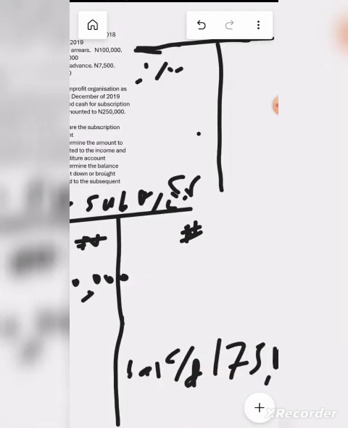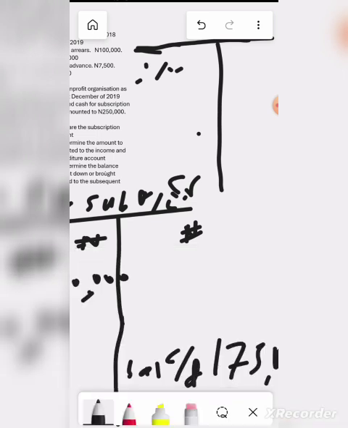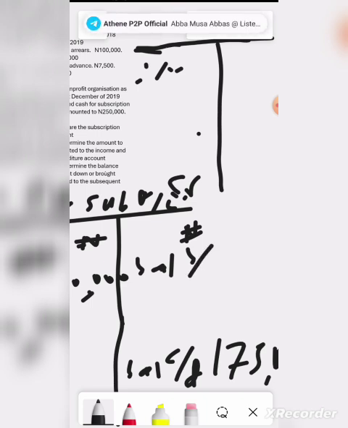So let's get back to business. The balance brought forward here is on the credit side, which is a liability. So let's look at the question.